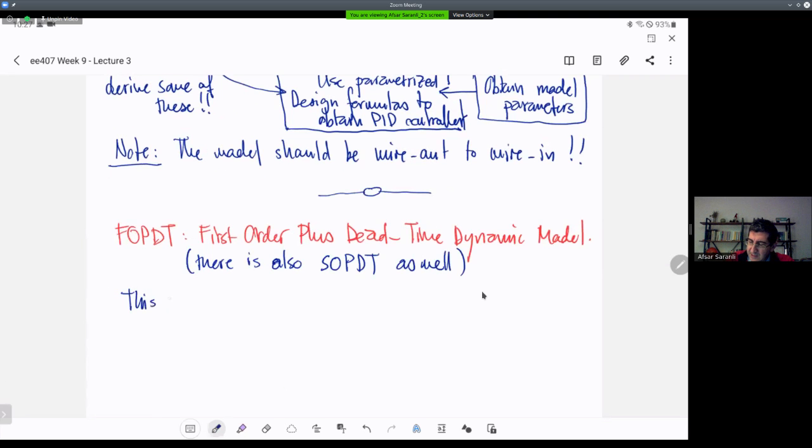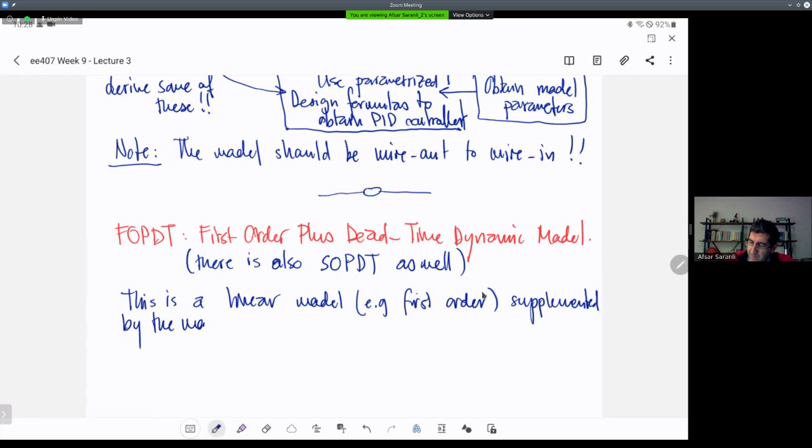This is a linear model, a transfer function basically, for example, first order, supplemented by the model of pure time delay.